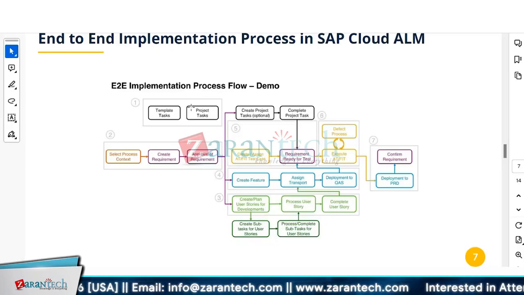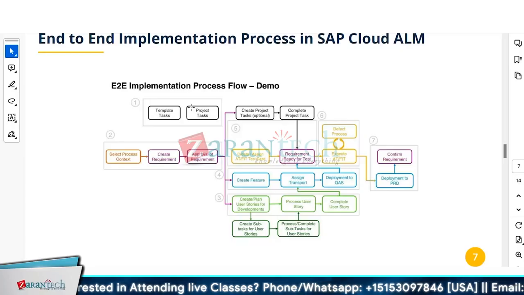So if you compare with Solution Manager change document, more or less they're following the same process, where you have a change document with transport and TOCs. Similarly, here also feature is there, with transport and TOCs, and again the transport will be moved based on the status of the feature. There are not as many statuses as there were in change document.